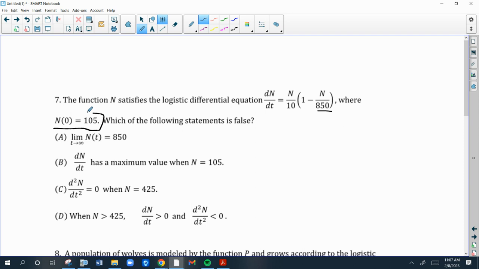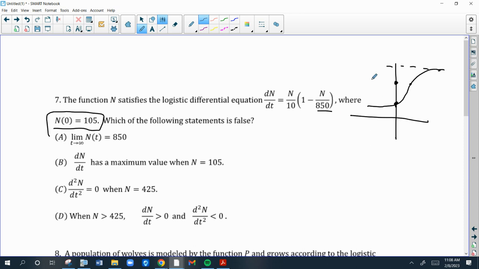We're starting well below half of the carrying capacity at 105. So we know this is half of 850, and this is 105. Which of the following statements is false?